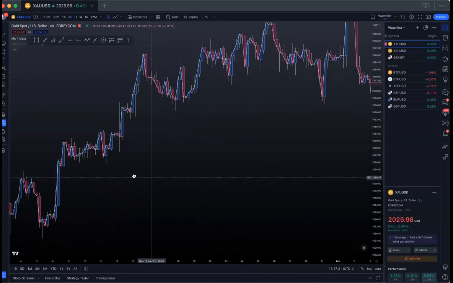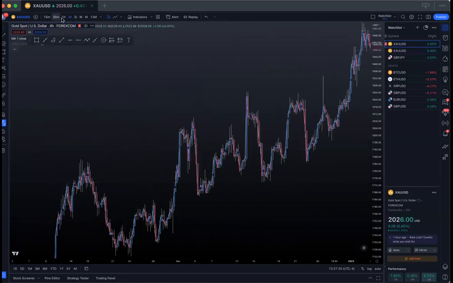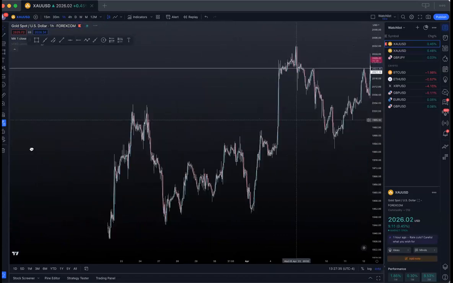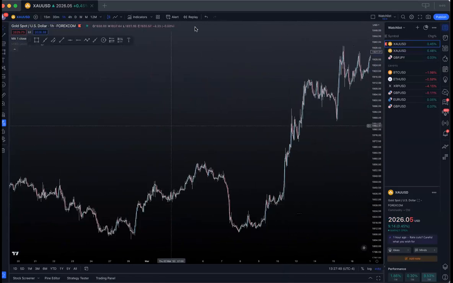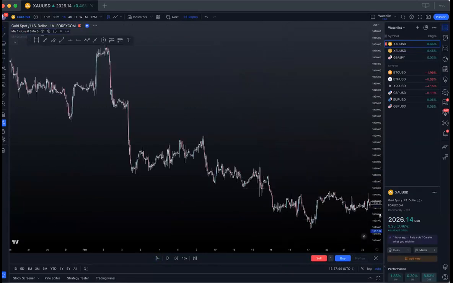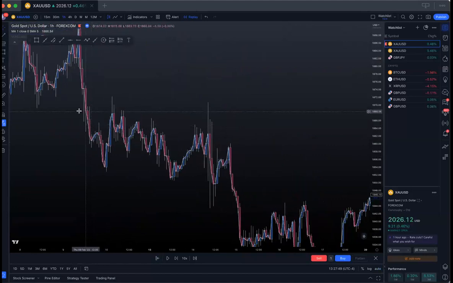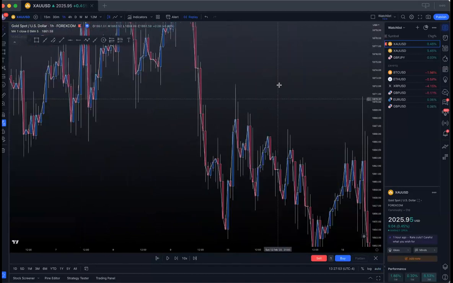Okay. I should go into H1 and go back because recent price action is super ugly. So yeah, this is an example of a gap entry.